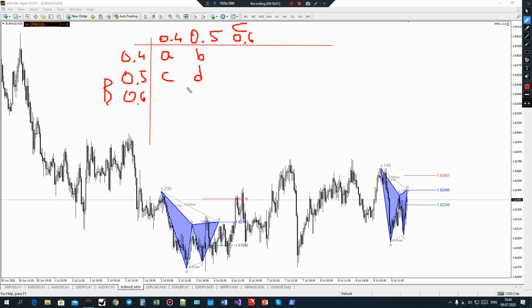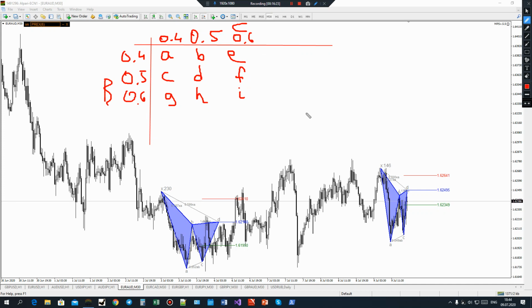So they are A, B, C, D, E, F, G, H, I. So these letters stand for pattern variation. So variation A, variation B, variation C, variation D, variation E, F, and so on.